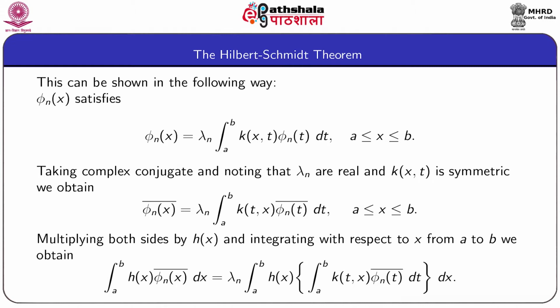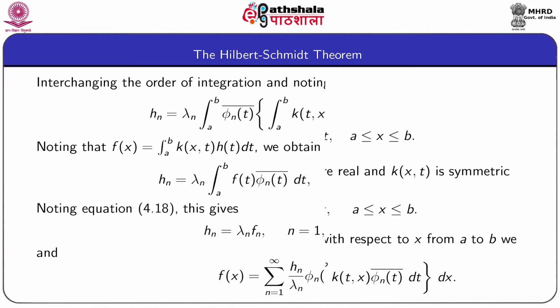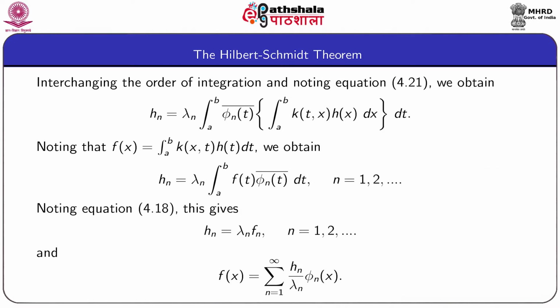Now the left hand side, as you can see, is the inner product of h and phi n(x), so that it can be written as h_n, and in the right hand side we interchange the order of integration to obtain h_n equal to lambda n.